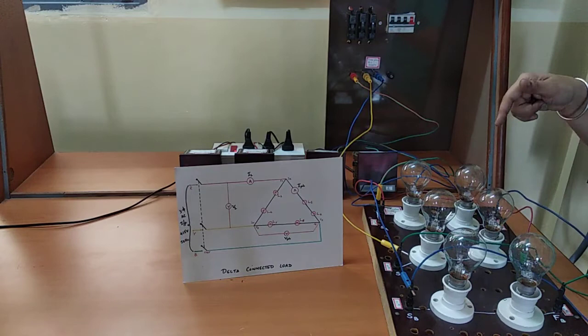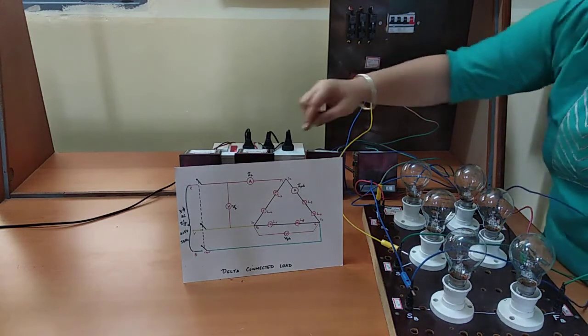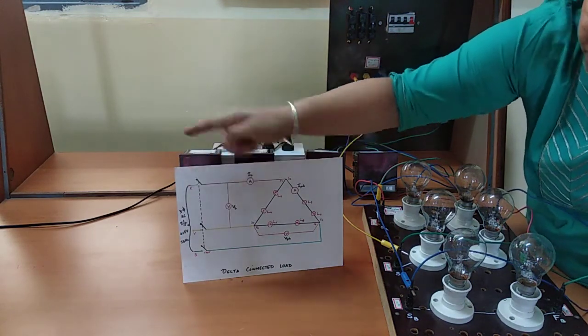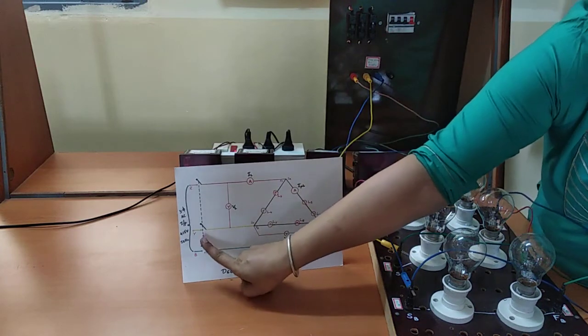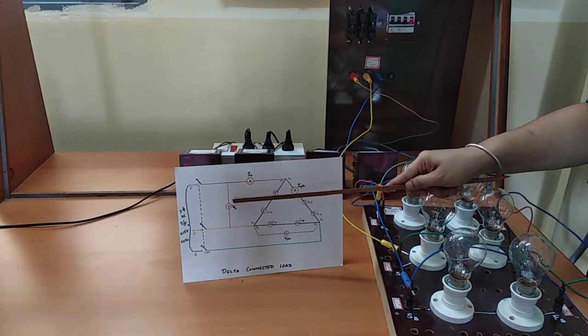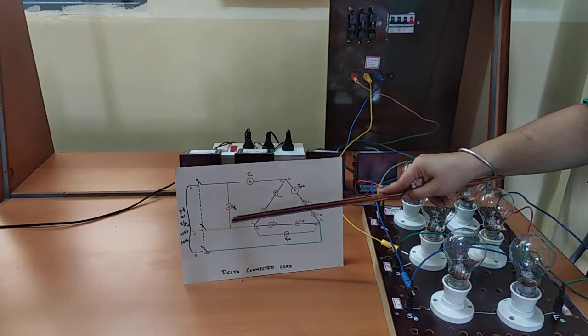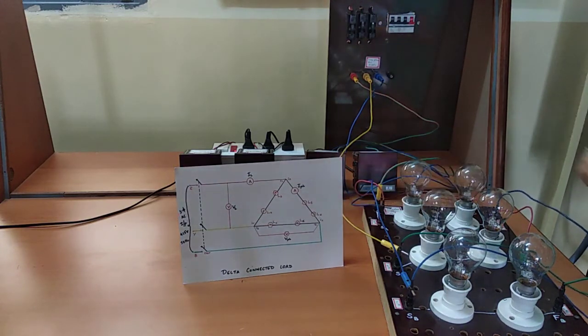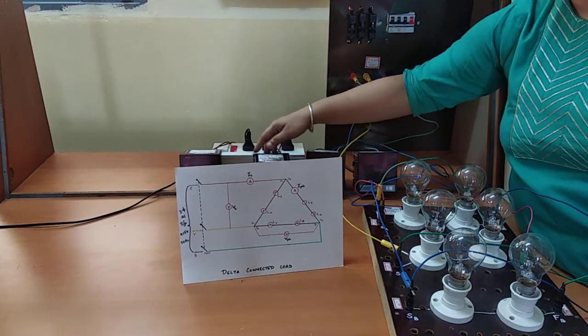We are yet to connect the voltmeters here. Now, one voltmeter, we have it across the points R and Y, isn't it? So one terminal of the voltmeter will go to the R phase, the other terminal of the voltmeter goes to the Y phase. So let us connect the voltmeter now.